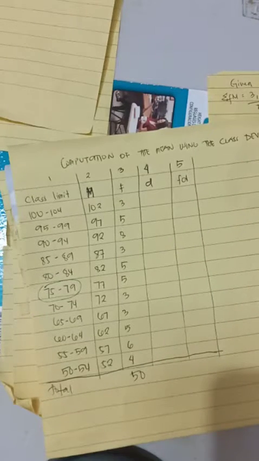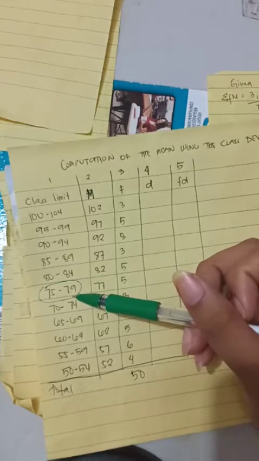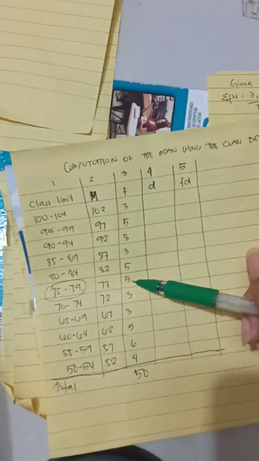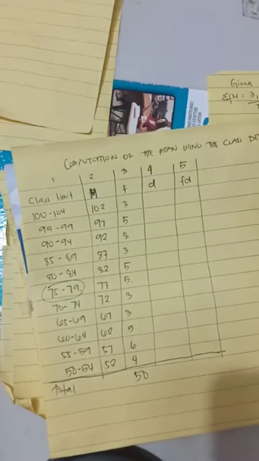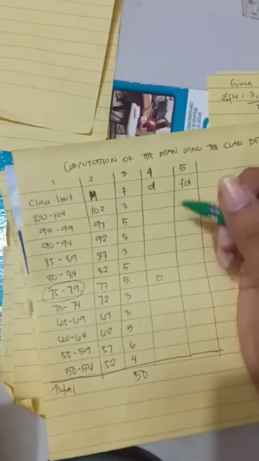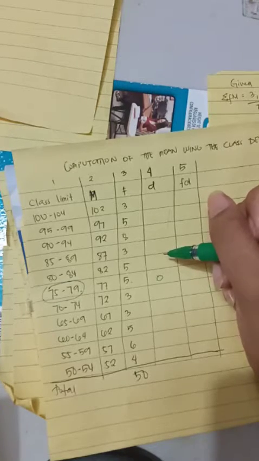Step 2, assign to class limits coded values starting with 0 at the origin. So 75 to 79 is our origin. This means that this is equal to 0. So anything above 0 is positive.